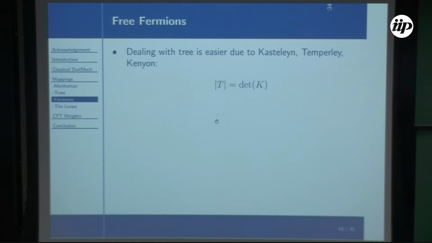And how do we keep track of trees, right? So it turns out that one has to apply another mapping, which is done by Temperley, that maps the problem of counting trees to counting dimers. And the problem of counting dimers is familiar to us in physics.